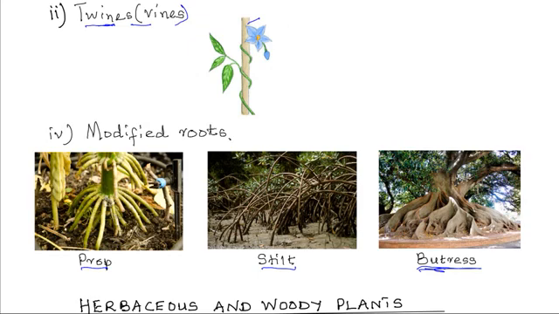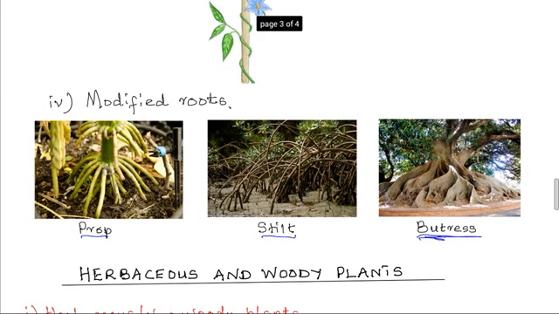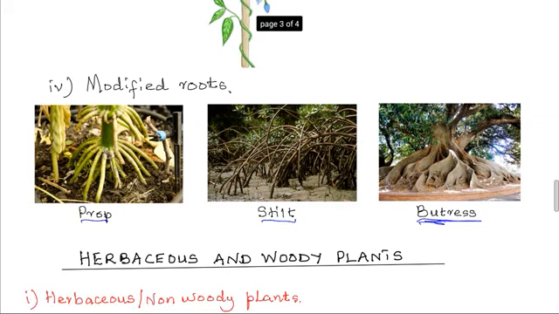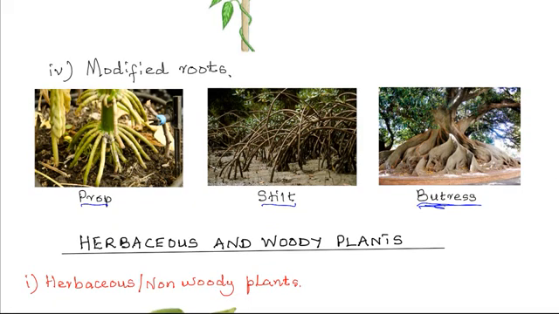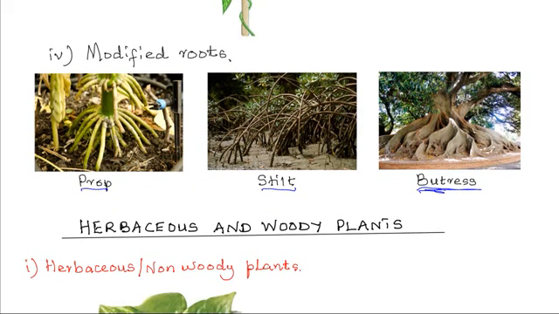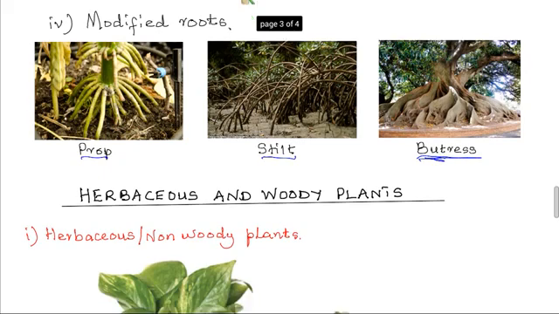Now, plants are grouped into two depending on their main support structures. Depending on the main mode of support, we have two types of plants: herbaceous plants and the woody plants.